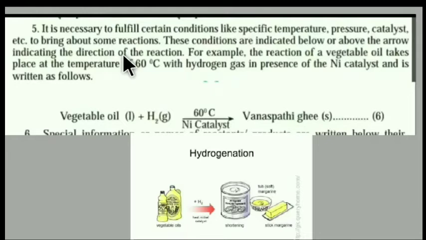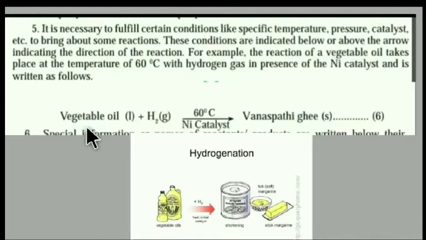For example, the reaction of vegetable oil takes place at a temperature of 60 degrees Celsius with hydrogen gas in the presence of nickel catalyst, and is written as follows.